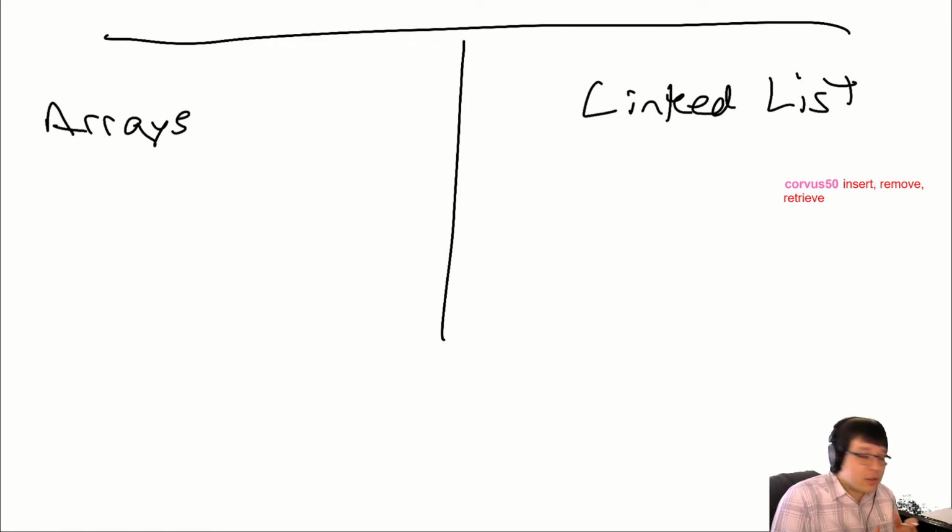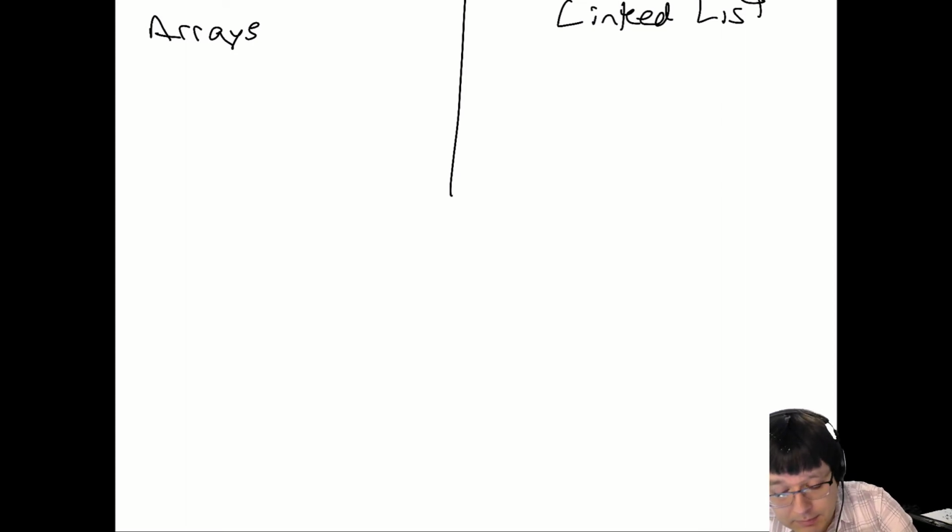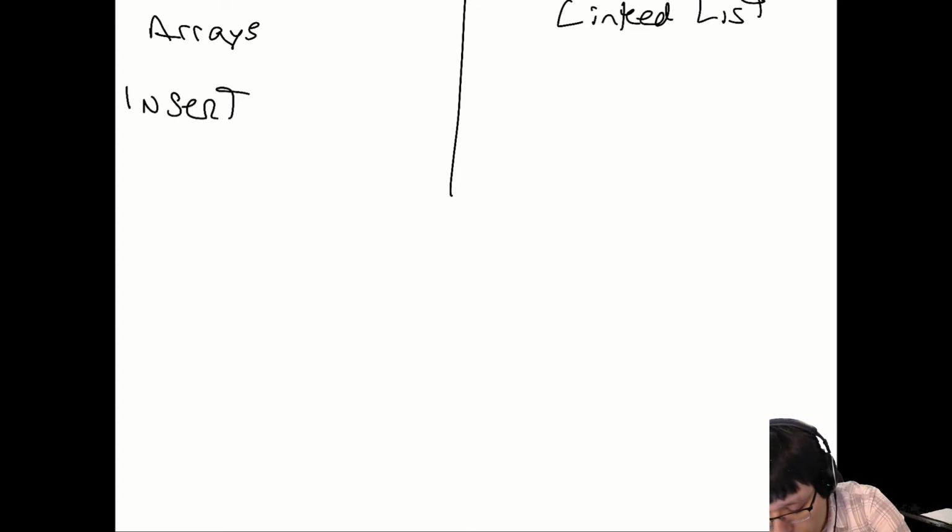You want to insert or store data. You want to access or retrieve the data. And at some point, you want to delete or remove the data. So let me put them here: your insert, your remove, and your retrieve.